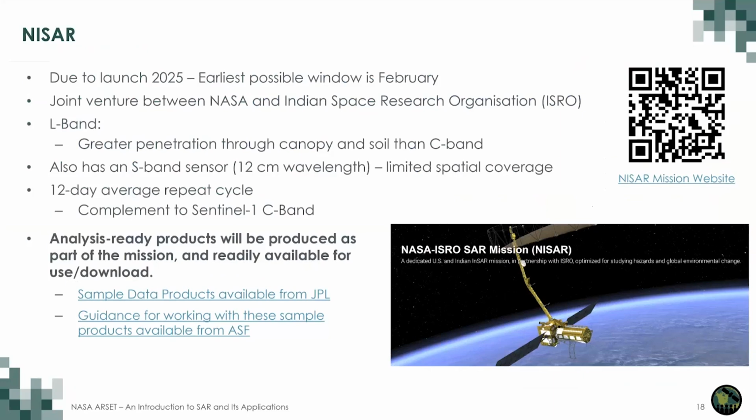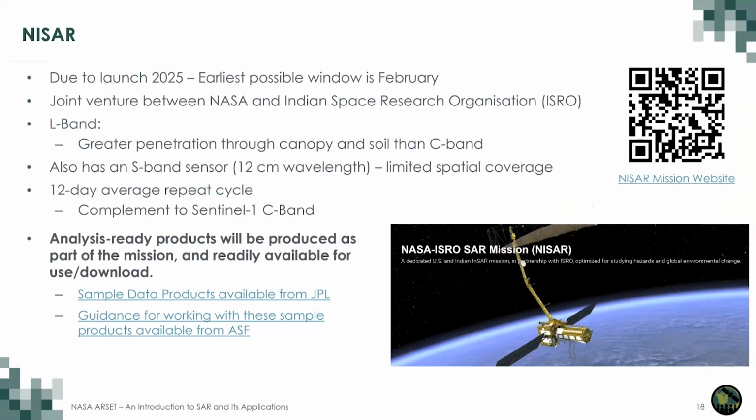What we're really excited about is the fact that analysis-ready products will be produced as part of the mission. So right away, as the data is acquired, it will go through a processing step, and quite a range of analysis-ready products will be available in our archive just from day one. There is a suite of sample data products that's available at JPL's website, and we've also put together some guidance for working with these sample data.